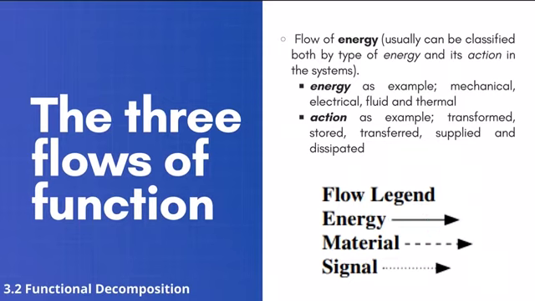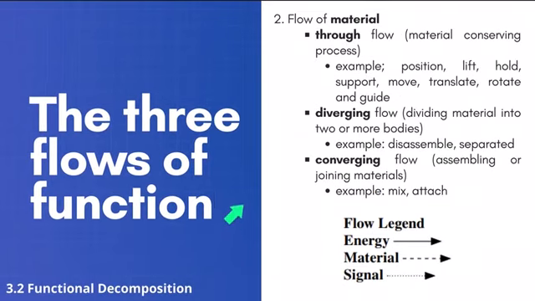The second flow of function is flow of material, where the flow of material can be either through flow, which is a material conservation process. For example, the material is positioned, lifted, held, supported, moved, translated, rotated and guided. The flow of material also can be diverging flow, which is dividing material into two or more bodies.